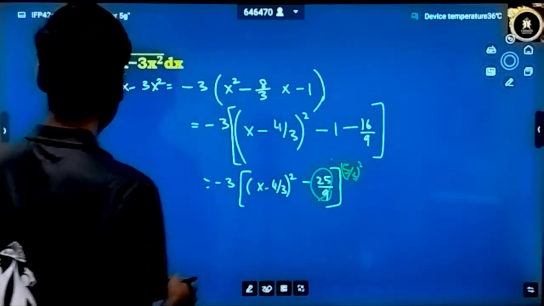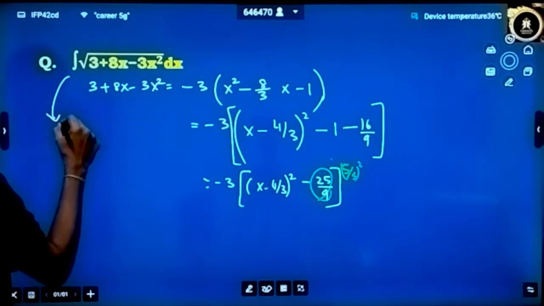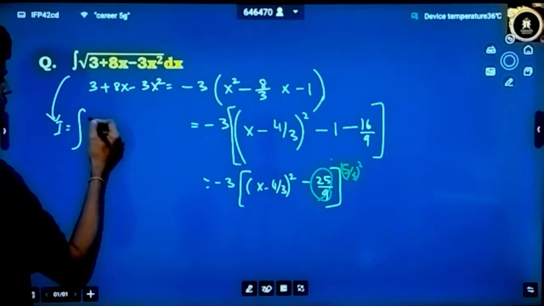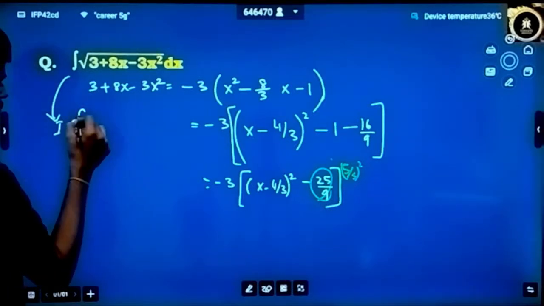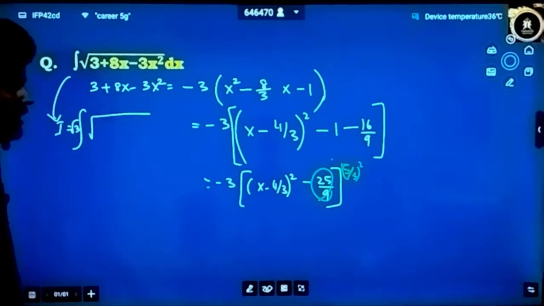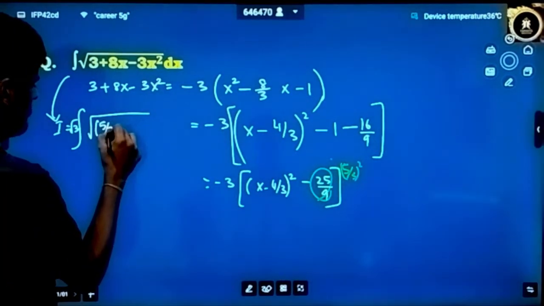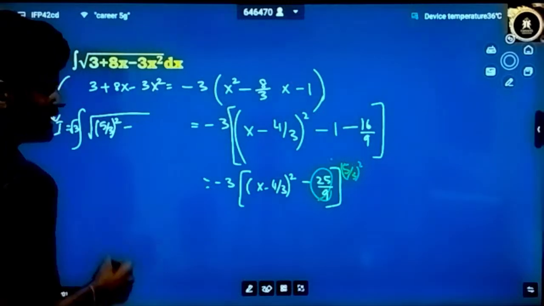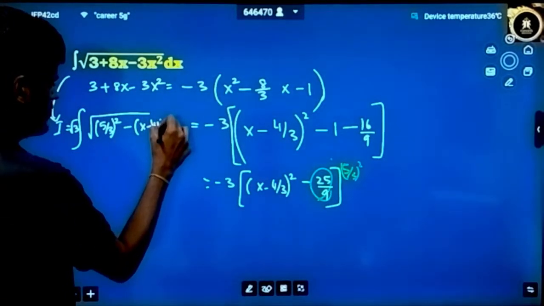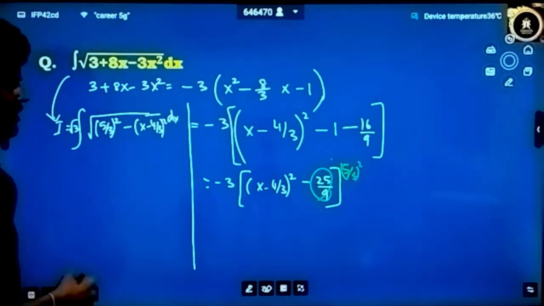Now what we get from this? This integral will become I = ∫√(−3) times... here with minus 3, we can take root 3 outside, multiplied by minus: √3 ∫√((5/3)² − (x − 4/3)²) dx.